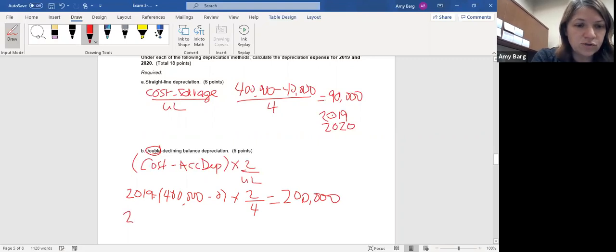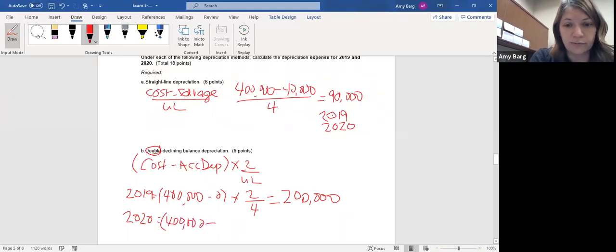So now in 2020, we have our cost of 400,000, but now we do have accumulated depreciation, right? We have this accumulated depreciation from last year. So it's the 400,000 minus the 200,000, and then we multiply that by that same 2 over 4.